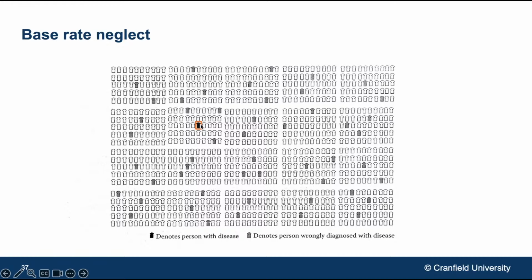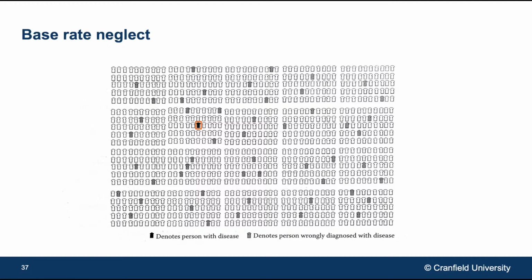Here is that 1 in 1,000. That person has correctly tested positive for the disease. These other people have incorrectly tested positive. So if you've tested positive, what's the chance that you've actually got the disease? Well, you're 1 out of these 50 grey ones.